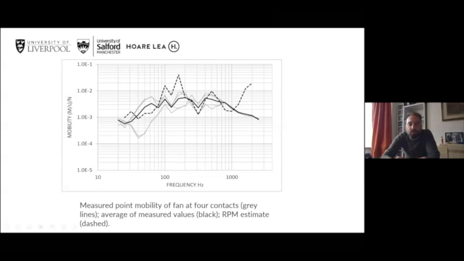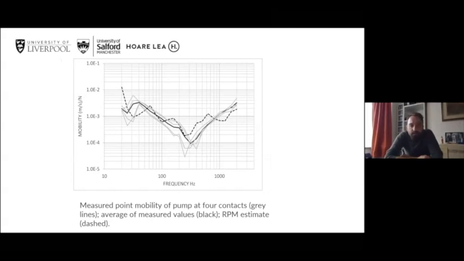This figure shows one example of that. The grey lines are the multiple measurements of individual mobilities of each corner of the fan. The black line is the single equivalent average of those points, and the dashed black line is an estimate of the single equivalent mobility from the reception plate.